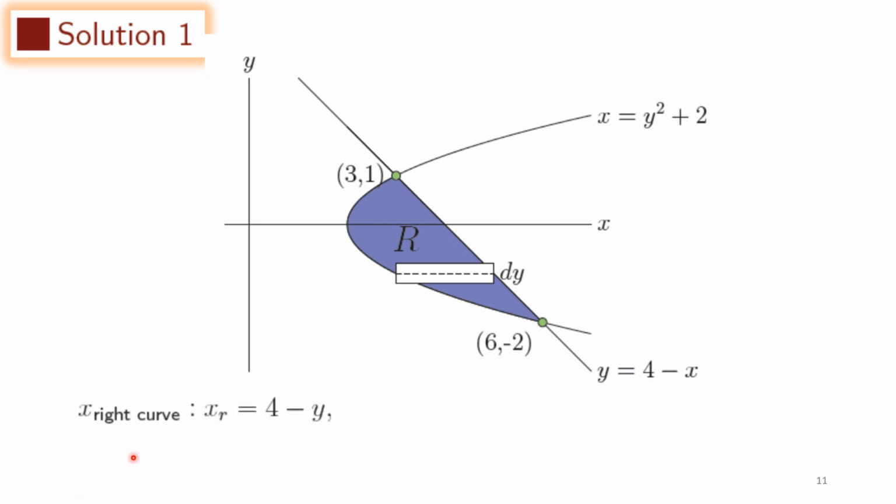Let us take a look at the right curve, y equals 4 minus x, or in other words, x is equal to 4 minus y.